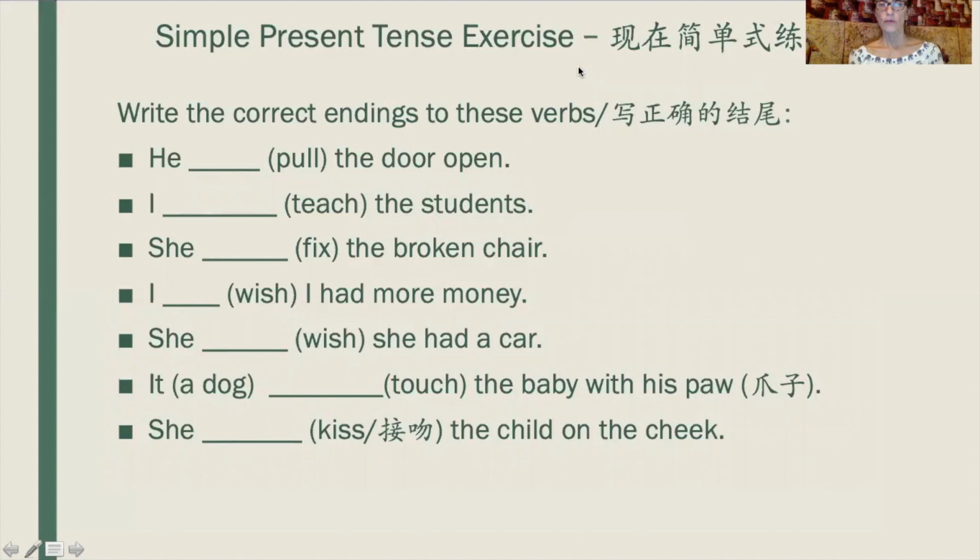And what I want you to do is, again, pause, 暂停视频, and try to do 试试做这个练习. Write the correct endings, 写正确的结尾, to these verbs.